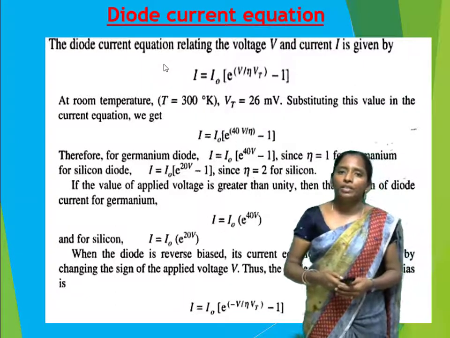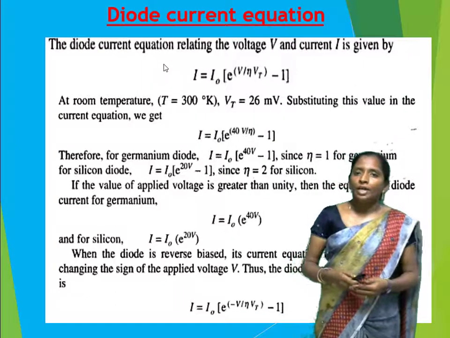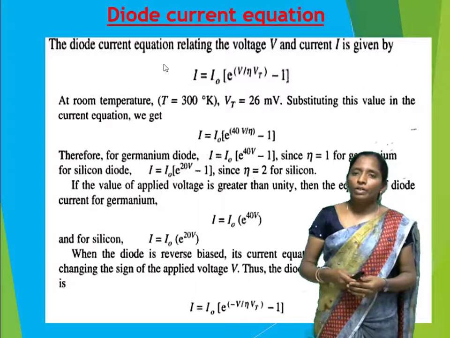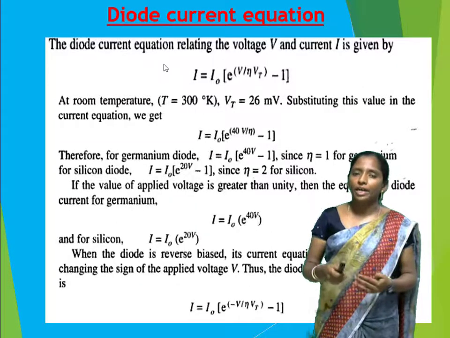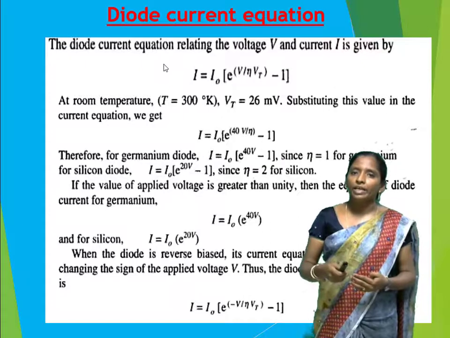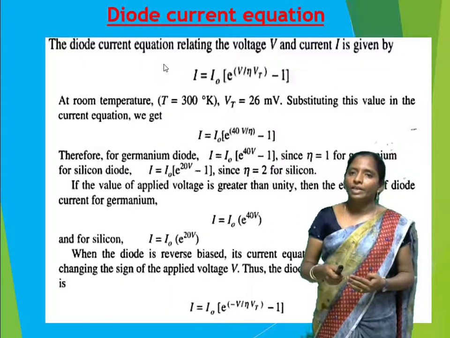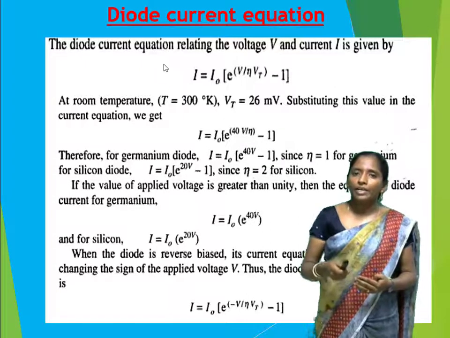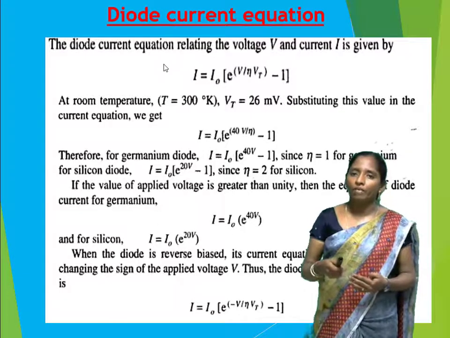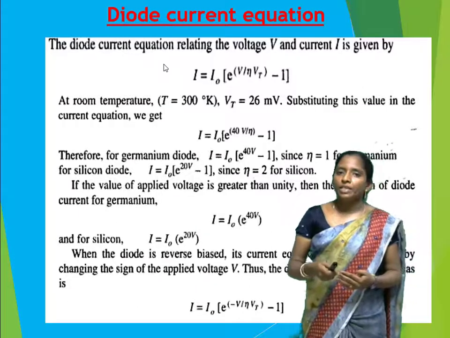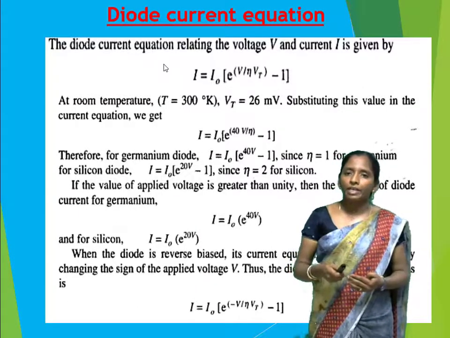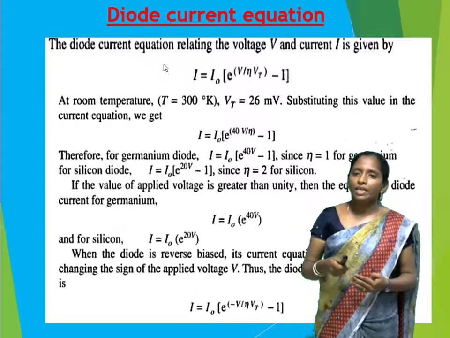Diode current equation. The diode current equation relating the voltage V and current I is given by I equals I naught into e to the power V by eta Vt minus 1. This is the diode current equation under forward bias condition. At room temperature, T equals 300 degrees Kelvin, Vt is 26 millivolts.